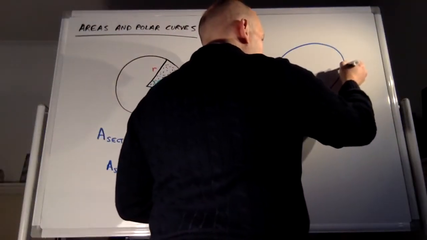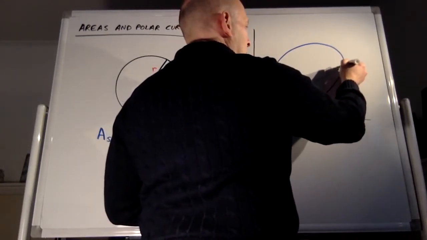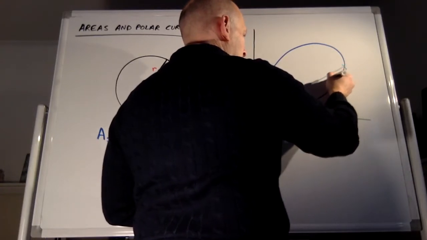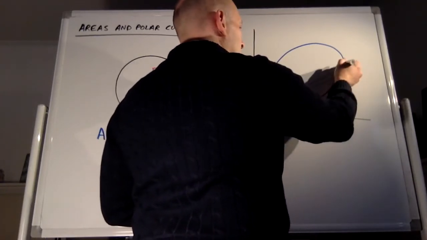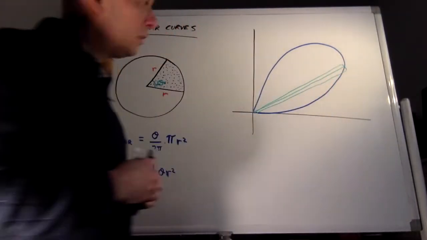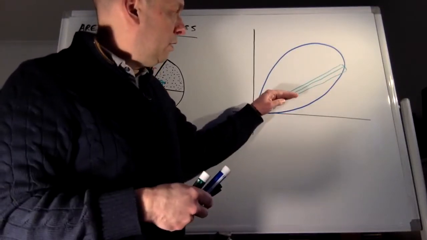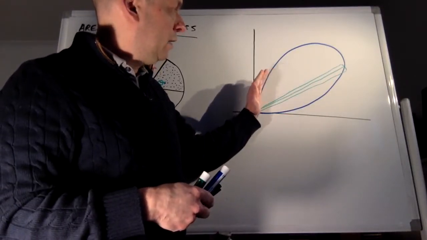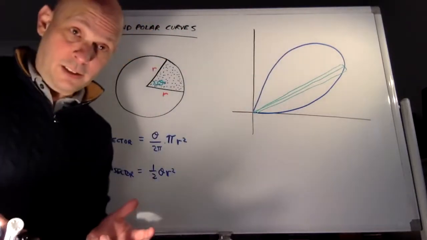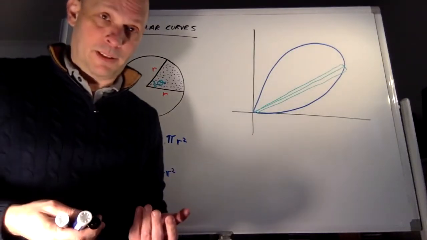So at this point on the polar curve, I could do a very tiny circular sector. I could find the area of that tiny sector, and then sum up a whole bunch of tiny sectors to estimate the area within this leaf. The sector is analogous to the rectangle when we were looking at areas under a curve. It's the same exact concept.